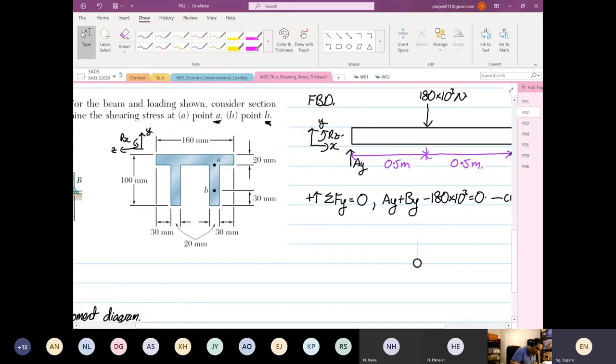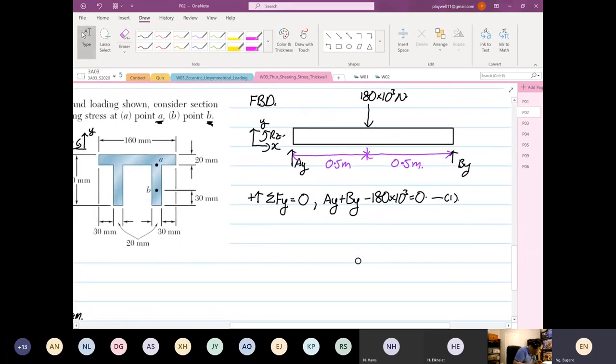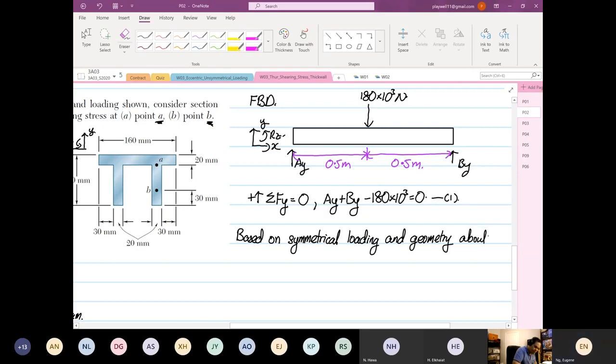From here, we know that based on symmetrical loading and geometry about the y-axis, we can state that AY is equal to BY.